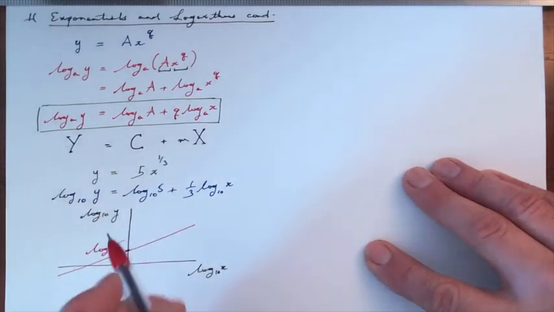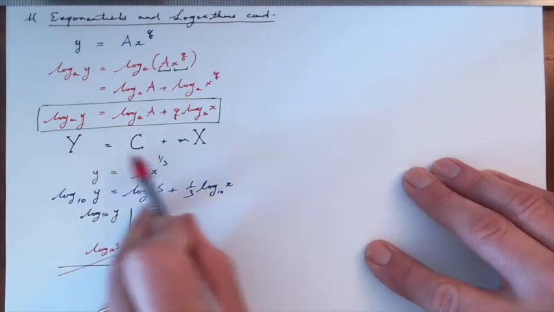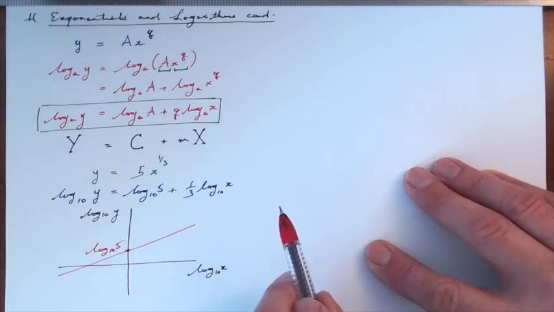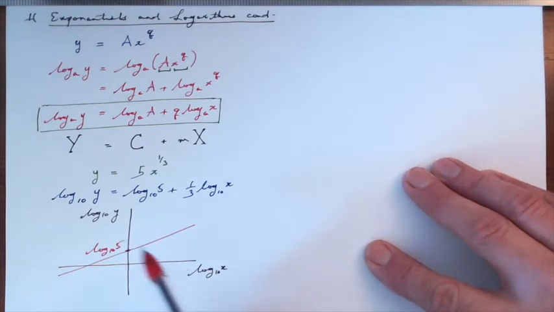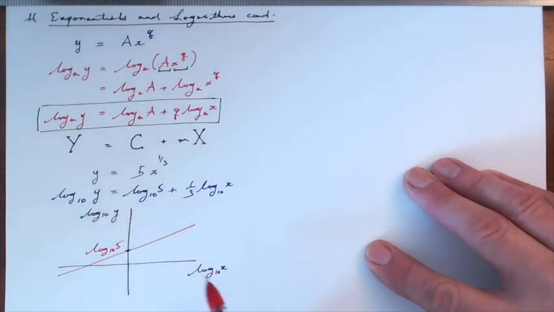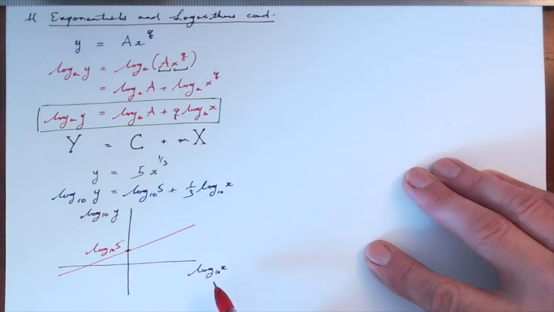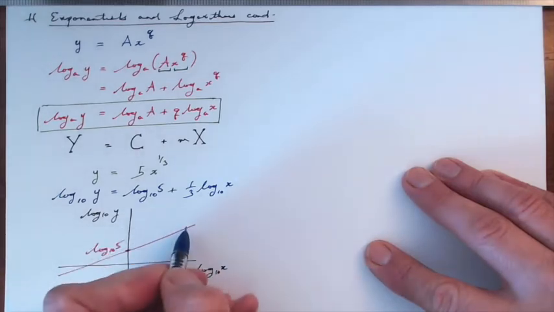Then, as I'm collecting this data, if I suspect that some power law is underlying that data, I plot the logarithm of the output data against the logarithm of the input data, instead of plotting output against input.